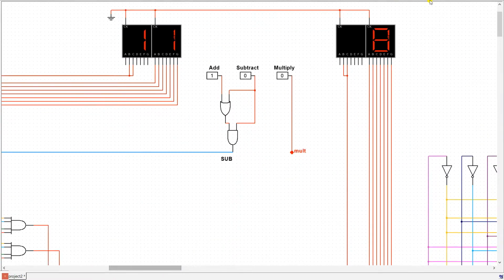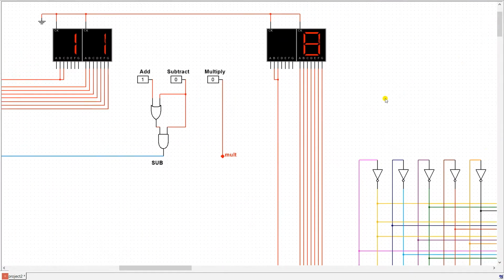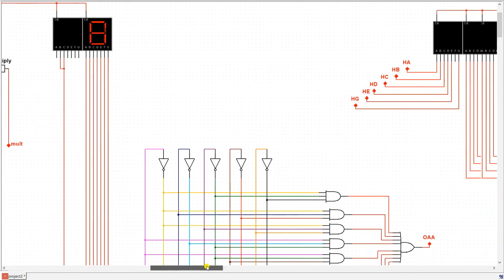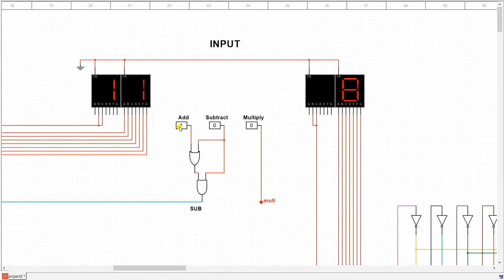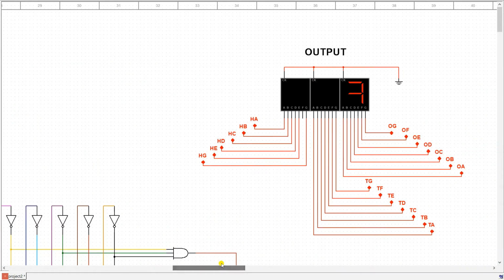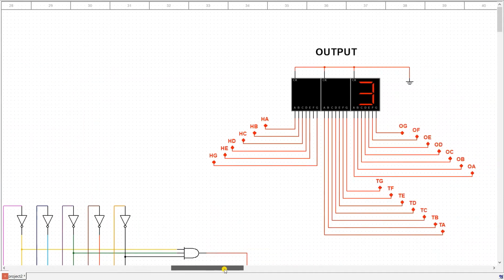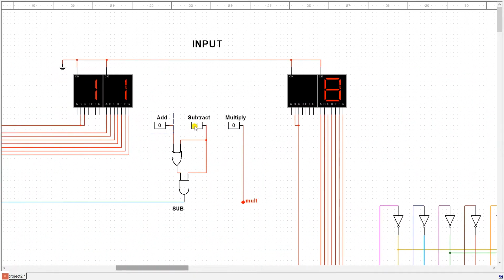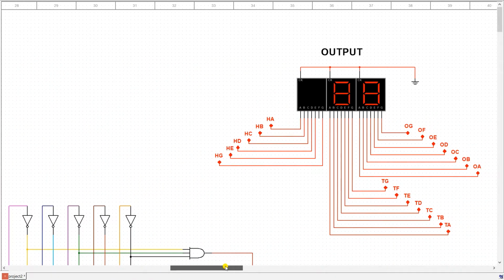If we add it, it is equal to 19. Then if you subtract it, the answer will be 3. And then if you multiply it, the answer will be 88.